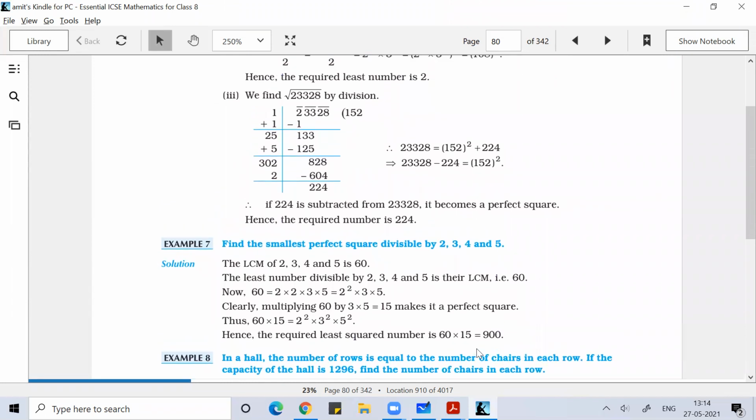Tell me this. The number of rows is equal to the number of chairs in each row. If the capacity of the hall is 1296. Which table does 1296 come in?